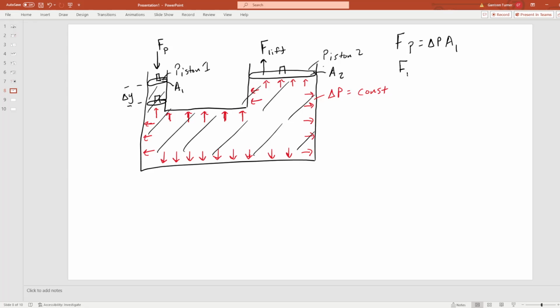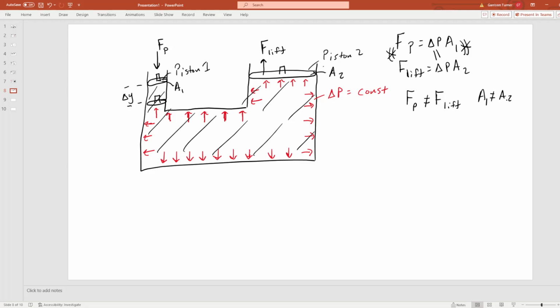But F lift will have delta P times A2. Notice these forces don't have to be the same. If the pressures are equal but the areas are not equal, then the forces will not be equal. So my pushing force and my lifting force do not have to be equal, and my areas don't have to be equal.